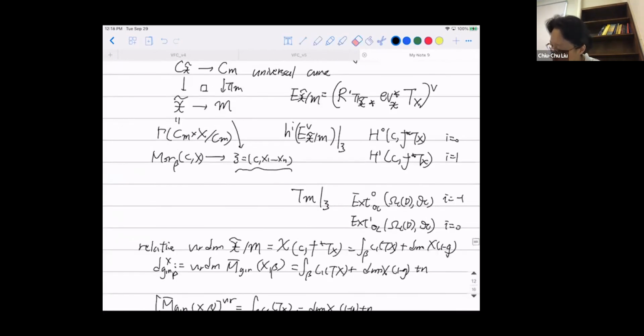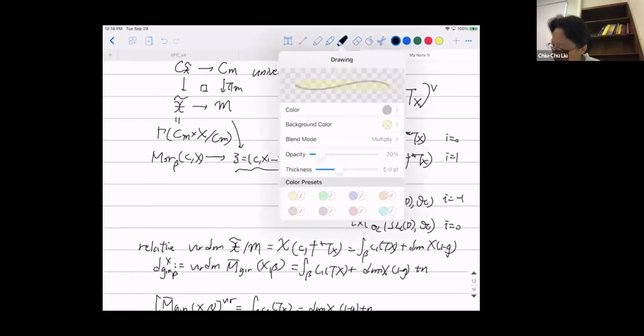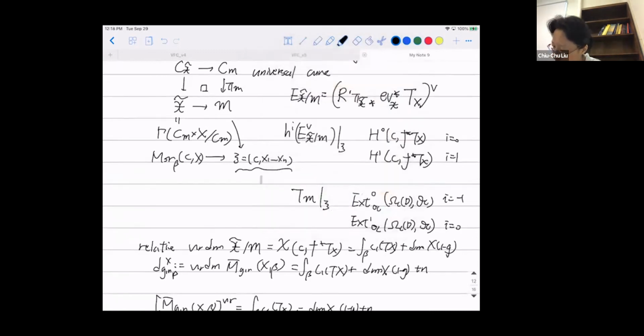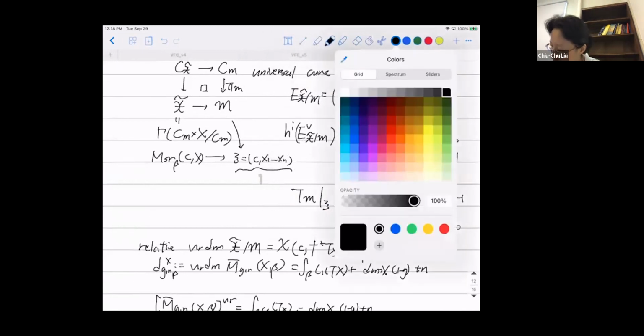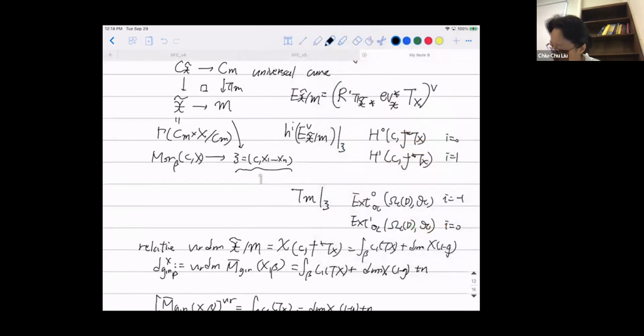D is just the divisor of the marked points.